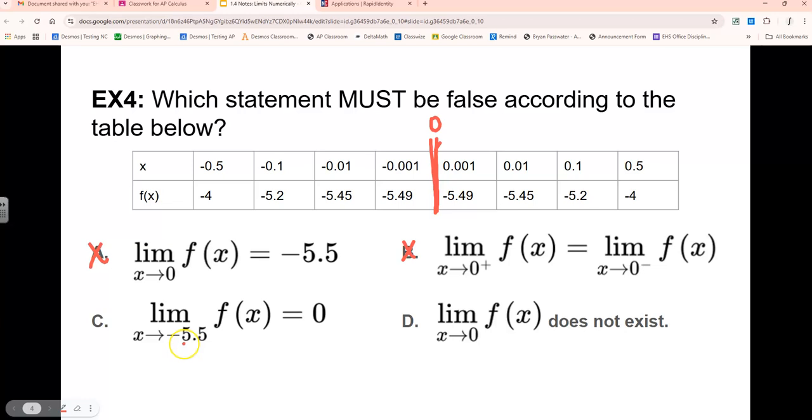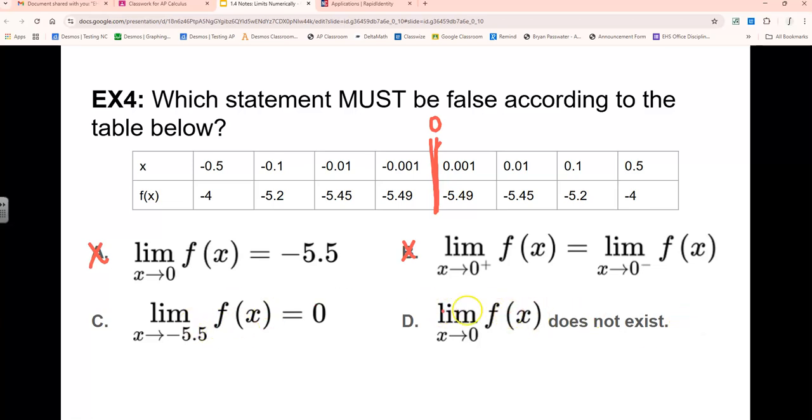Does this table show us anything about the limit as X approaches negative 5.5? It is not. Does it look like from our table that this is true? Not really. Does it have to be false? Do we have any clue what happens at negative 5.5? Could it be true? Maybe. We don't know, right? We're not sure about this. We'll hold on to that.